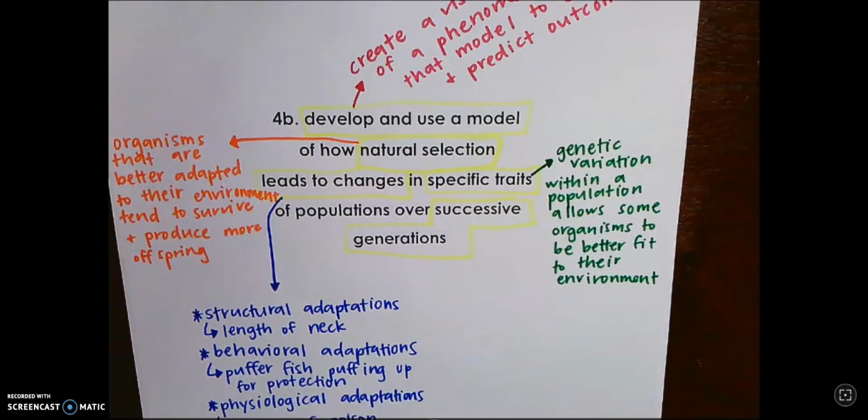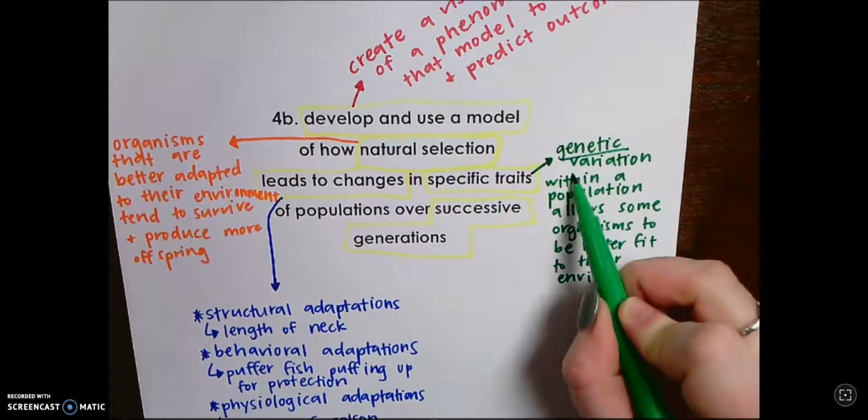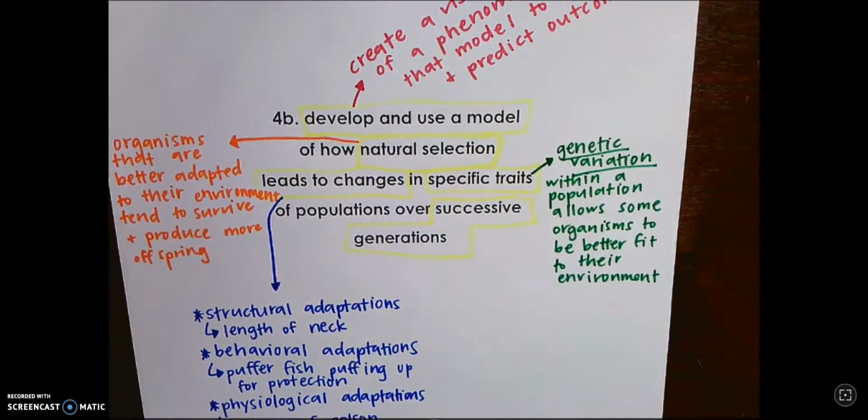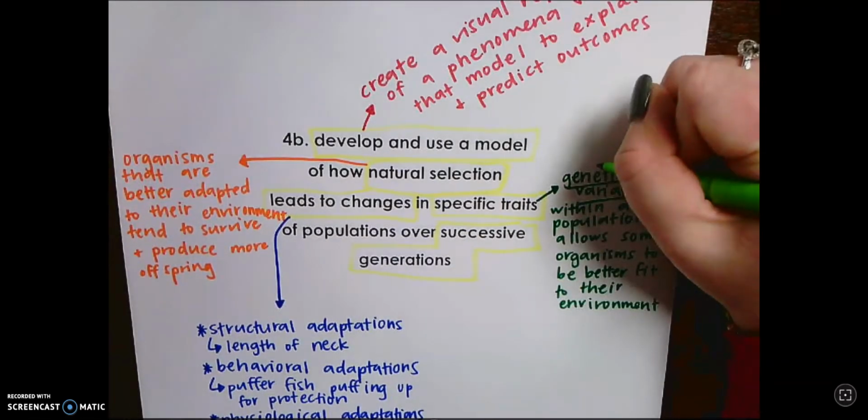We know that genetic variation in itself is only going to occur in organisms that reproduce sexually. We know that asexual reproduction is going to create organisms that are directly identical to the parent.